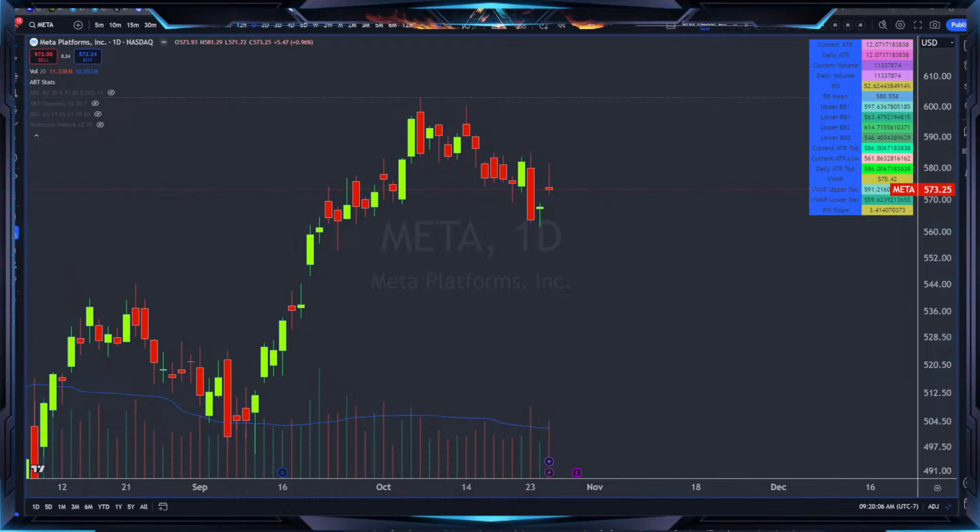What I'm trying to say here is that I am going to display to you how to determine price action over the span of 12 hours.